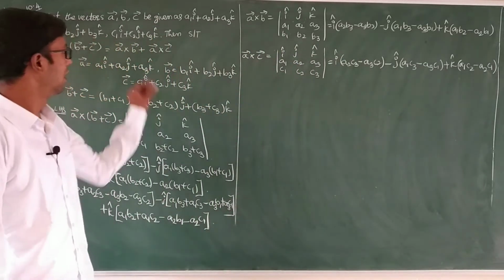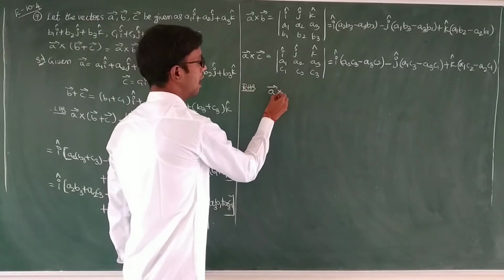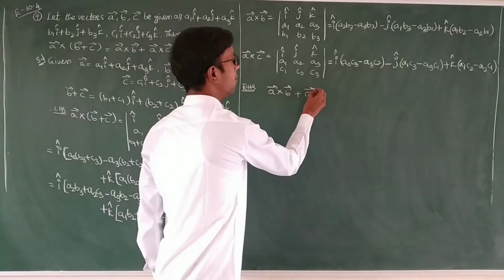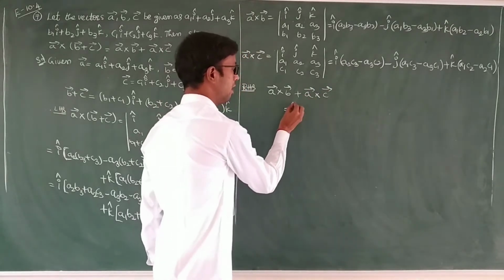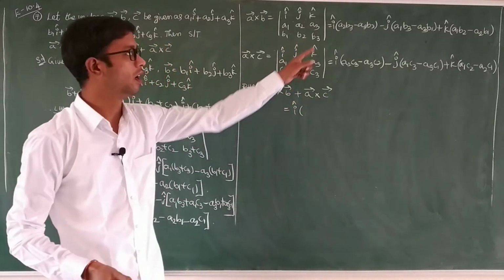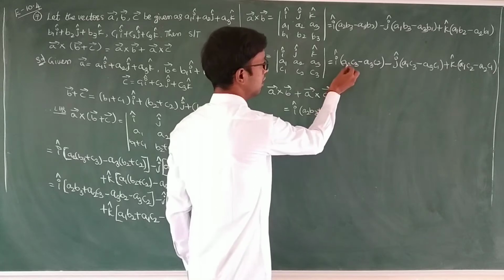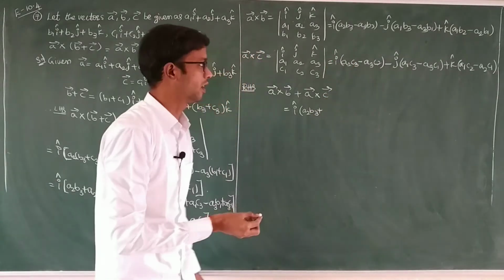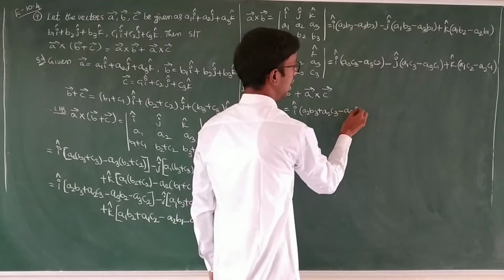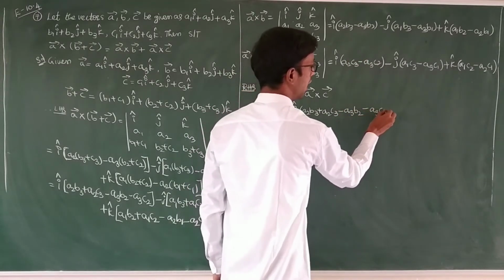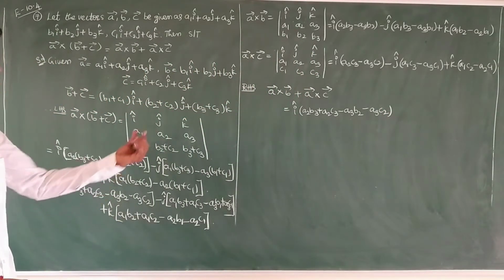So now RHS part, A bar cross B bar plus A bar cross C bar is equal to, I can take common. How much you get? i cap into A2 B3 plus A2 C3 minus A3 B2 minus A3 C2. You observe this value, it gets same to same there.